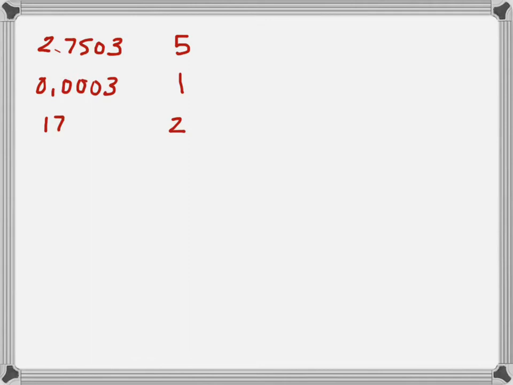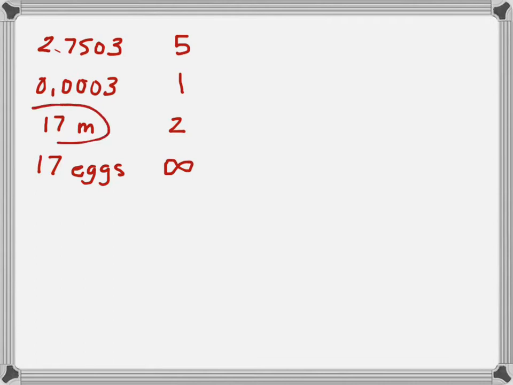Now, if that was, let's see, that's 17 meters. What if I said 17 eggs? That's an exact number, right? Because that was a counting number, so we'd say that it has an infinite number of significant figures.